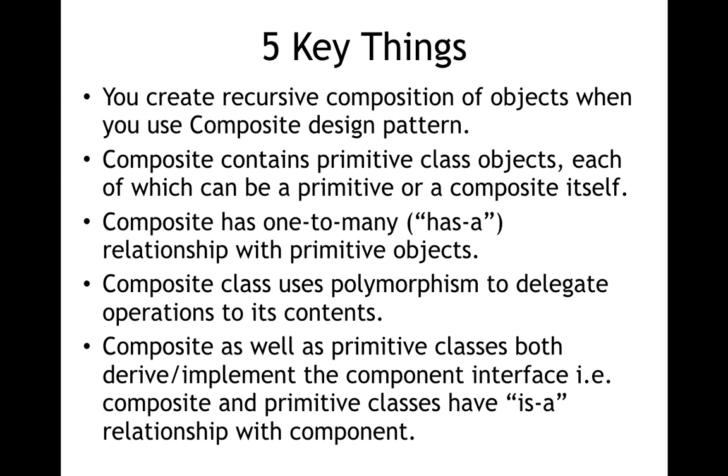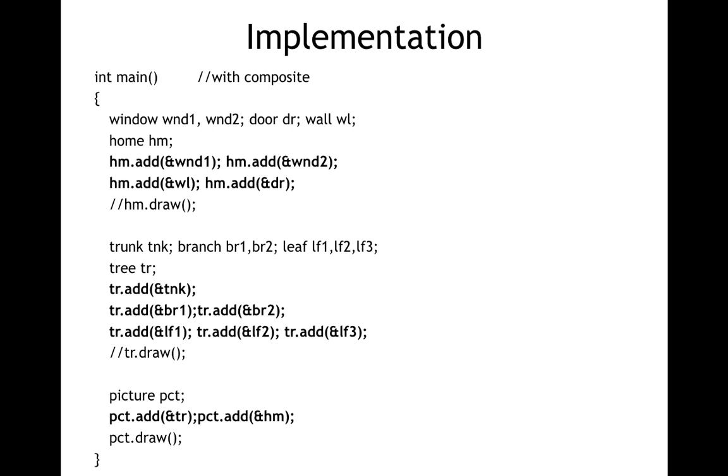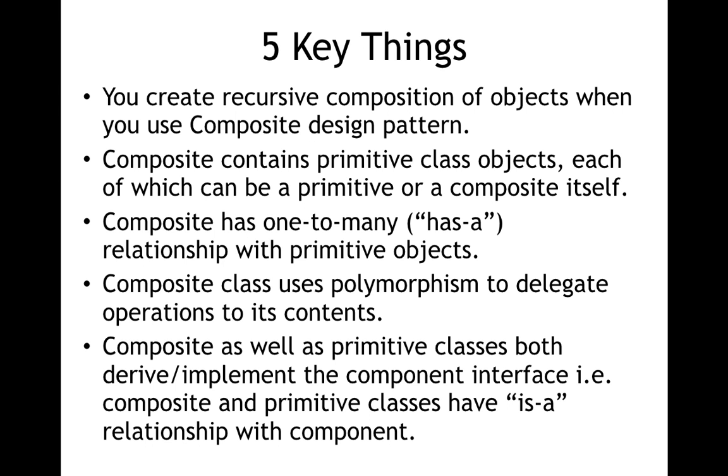Now let's see 5 key things you should be remembering about this design pattern. When you use composite design pattern, you create a recursive composition of objects. Everything is a drawable object here. Starting from windows, doors, up to picture, everything is a drawable object. So you create a composition of drawable objects within a drawable object.